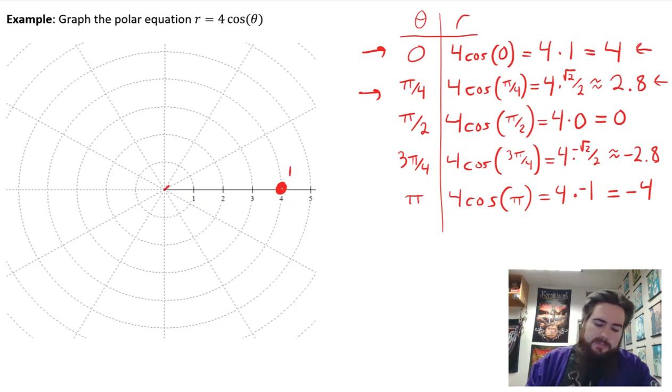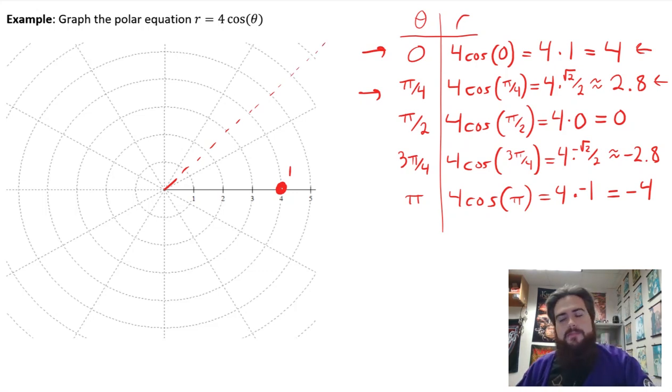That means face towards pi fourths, which is halfway through what we could imagine as quadrant 1 of the Cartesian plane. And I'm going to walk a distance of 2.8 in that direction. So that would put me roughly here if I face towards that direction. That would be my second point.